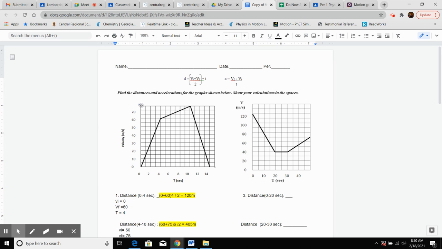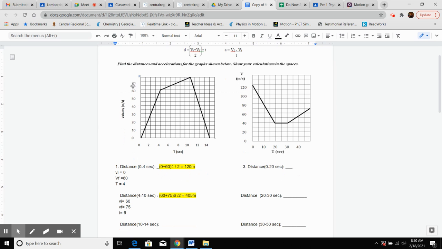So the next one up will be 75 because, again, this is going up by 5s. So we have 60, 75, and then we moved for a total of, from 4 to 10 seconds, 6 seconds. Add the two velocities together, VI plus VF. Multiply by time, and then divide by 2, and you should get a distance of 405 meters there.